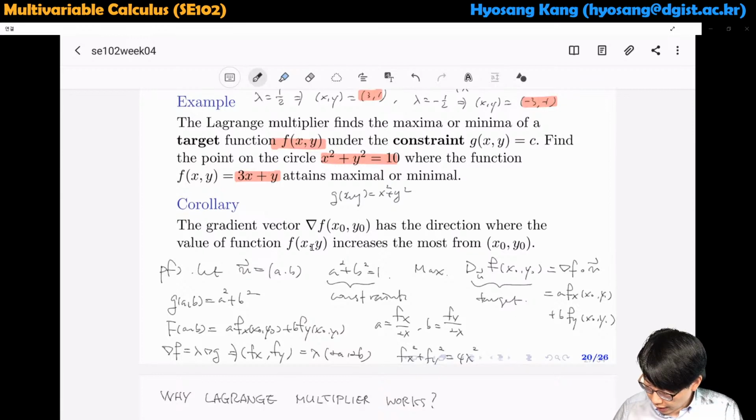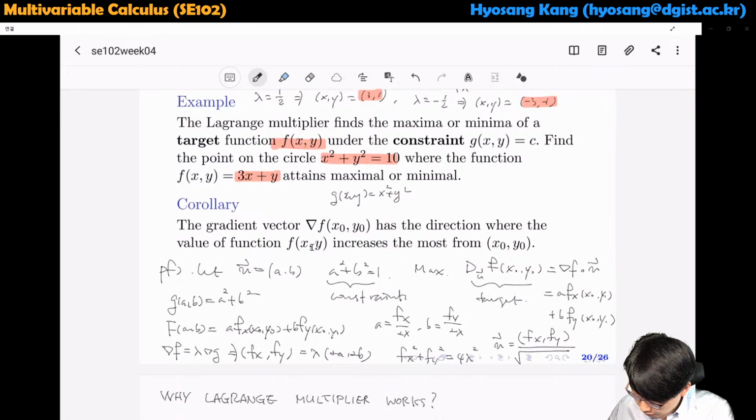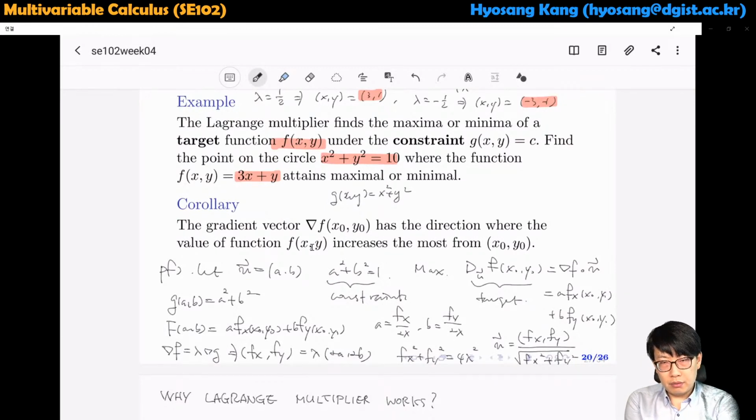Anyway, what I have as my vector u, if I plug in this lambda value, is (fx, fy) divided by the square root of fx squared plus fy squared. So simply I get a normalized vector, the unit vector, in the direction of the gradient of f at the point x0 and y0. That's the point where I get the maximum of f.